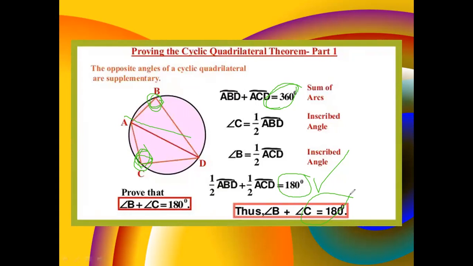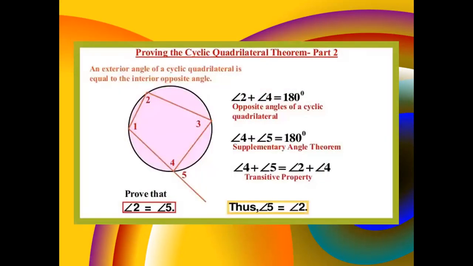Okay, next. Another explanation. Why is it that we have that cyclic quadrilateral? Now, theorem 2, an exterior angle of a cyclic quadrilateral is equal to the interior opposite. All right, so we mentioned that one. We have angles 1, 2, 3, and 4 on your screen, and we have also the exterior angle 5 here.